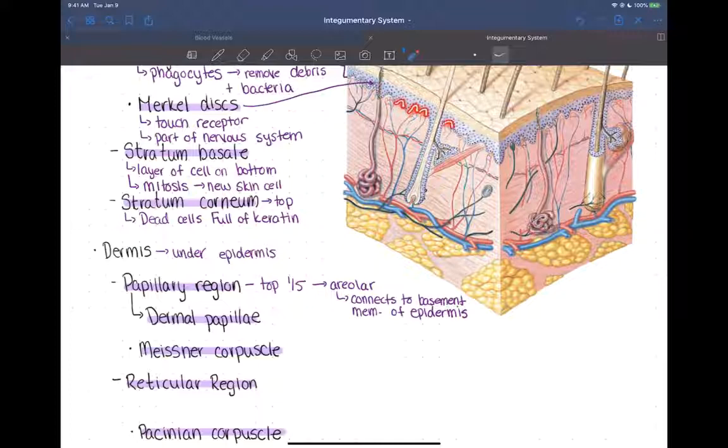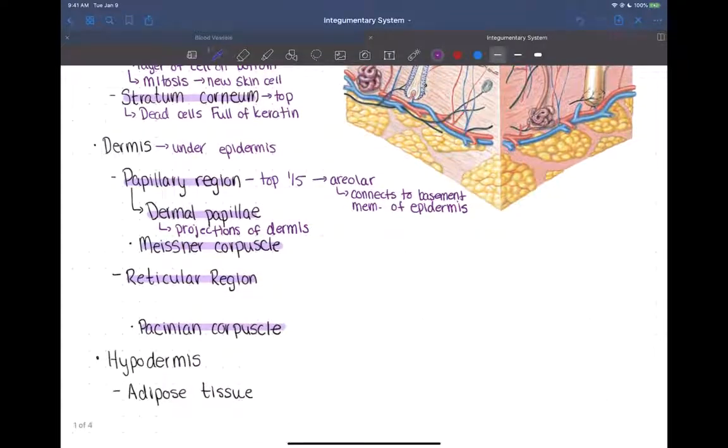These are the projections of the dermis, and that is where the dermis meets with the epidermis. On top of those dermal papillae is where the basement membrane is located that connects it to the epidermis. So they're folds of the dermis of that papillary region.